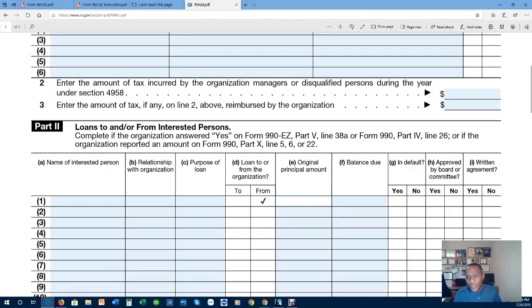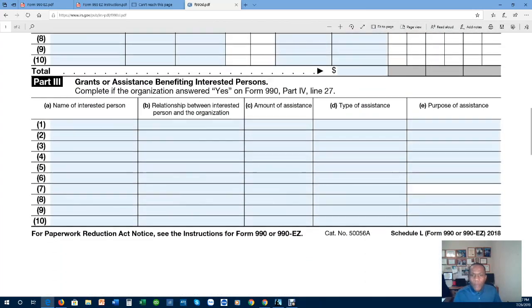Then the original principal balance of the loan, the balance due if the person has paid some of it, the net balance by the end of the year, whether the person is in default, whether the loan was approved by the board of directors, and whether there is a written agreement for that loan or not. Then Part 3, grants or assistance benefiting interested persons.